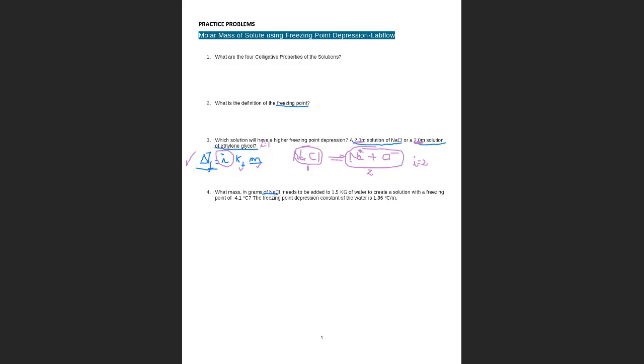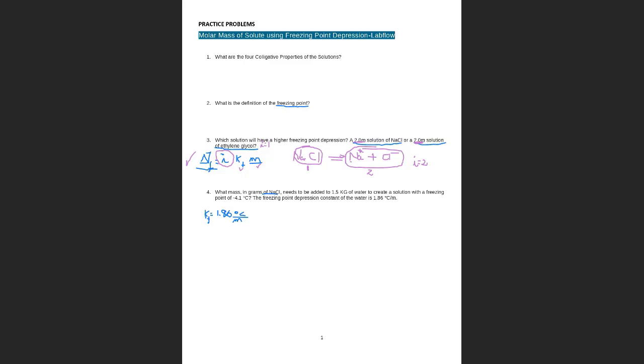They give us the value. So I usually write what I know. The solvent is water. So the constant for the water is 1.86 Celsius per molarity. So they give us that.